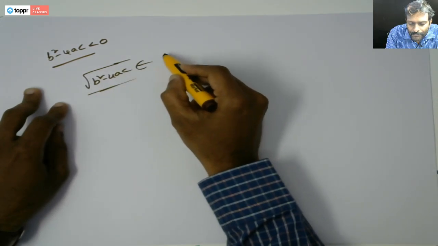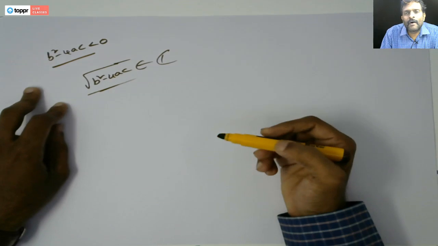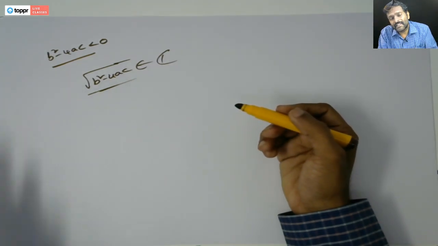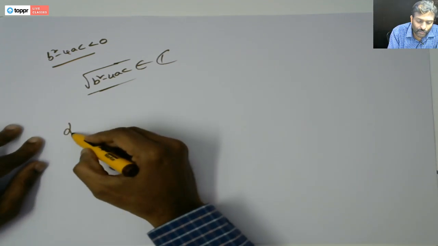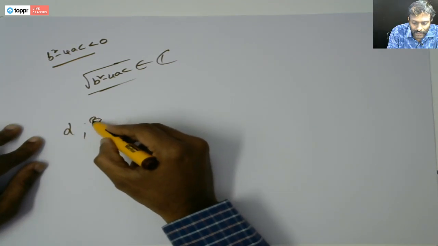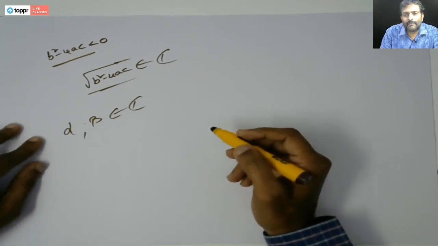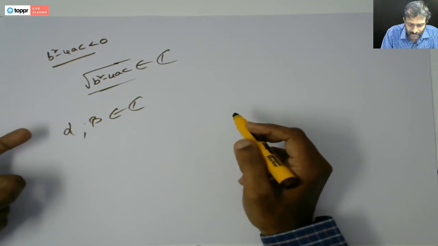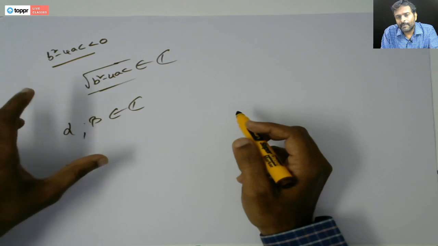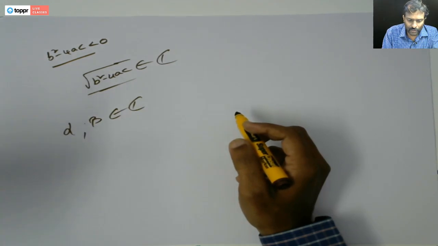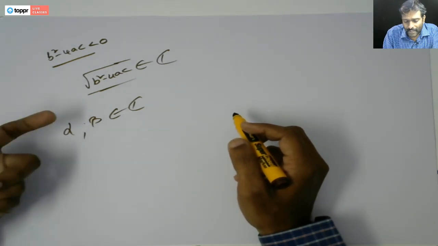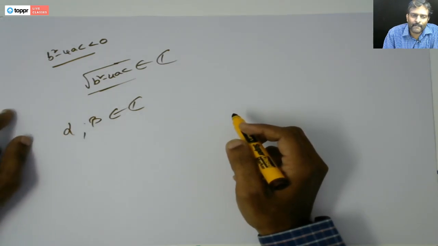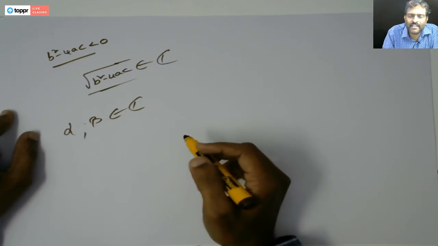Then this will be in the set of complex numbers. So here our roots alpha and beta belong to complex numbers. So we have complex roots, or imaginary roots, you can say. When b square minus 4ac is negative, your alpha and beta will be imaginary numbers. So what are these imaginary numbers?